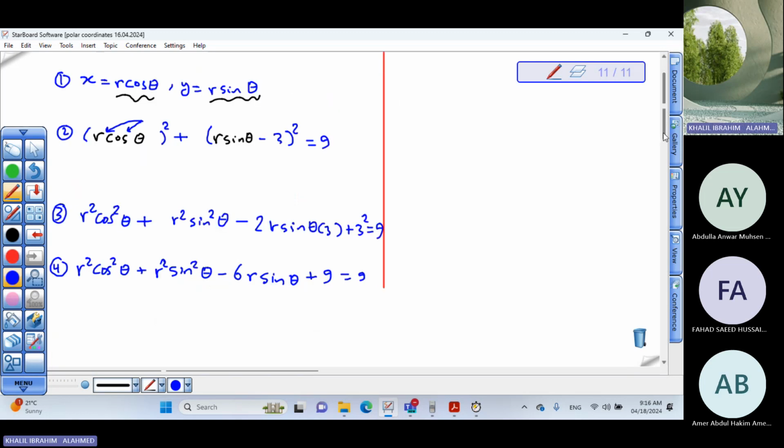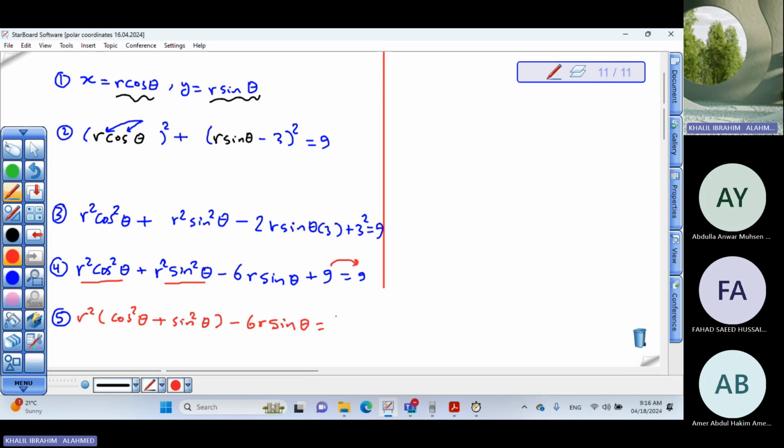In step 5, we take r squared as a common factor between these two terms: r squared times (cosine squared theta plus sine squared theta) minus 6r sine theta equals 9.